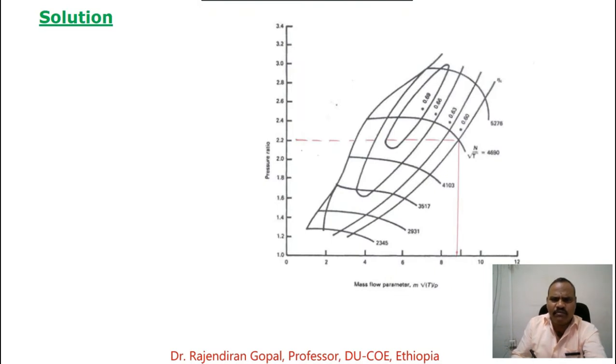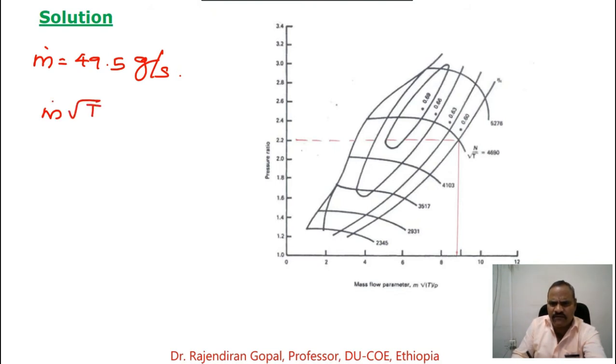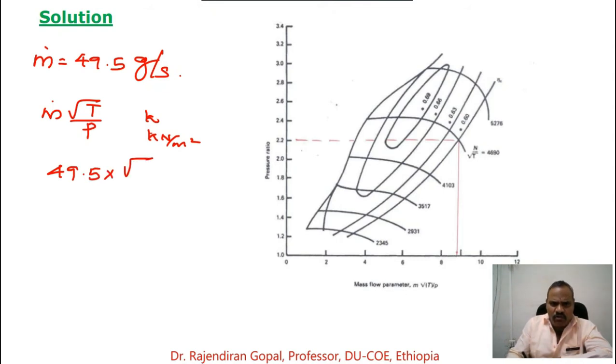So the given mass flow rate is 49.5 gram per second. We have to find the mass flow parameter, which is equal to m into root of T by P, where T is in Kelvin and P is in kilonewton per meter square. Then the mass flow parameter is equal to 49.5 multiplied by root of 291 divided by 95.